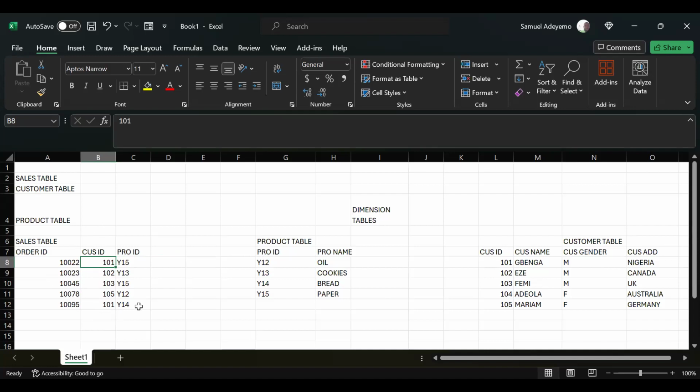If you look at the customer table, this customer name is Benga, right? And you see this customer had 2 transactions, right? 2 times he bought something. He has 2 different orders, right? Order ID 10022 and order ID 10095.